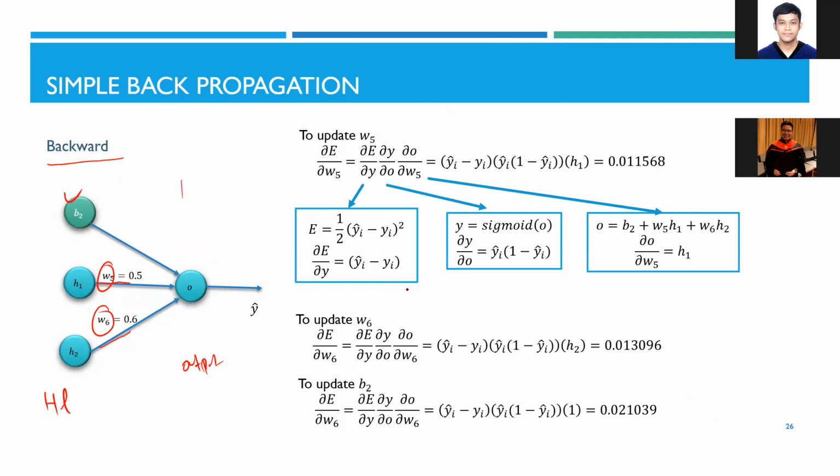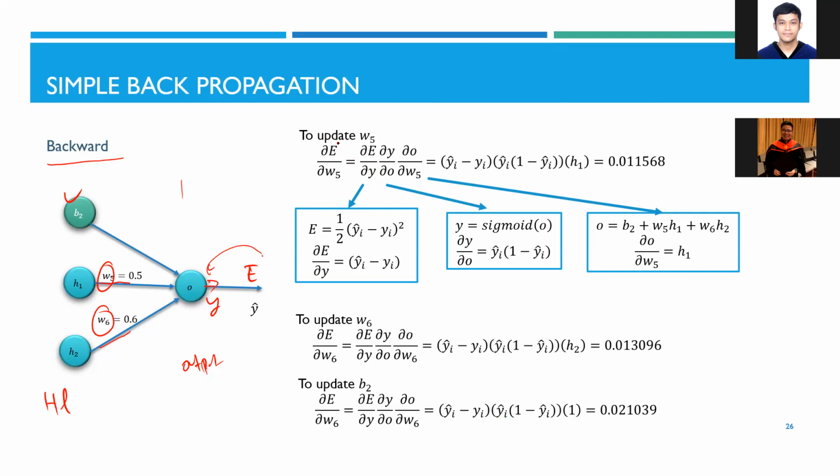Here we have the information, the cost function E, the error. From the error, we want to find the updated value for W. From E, we have to go back to W through Y first.